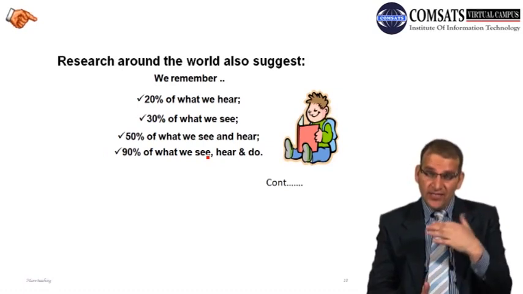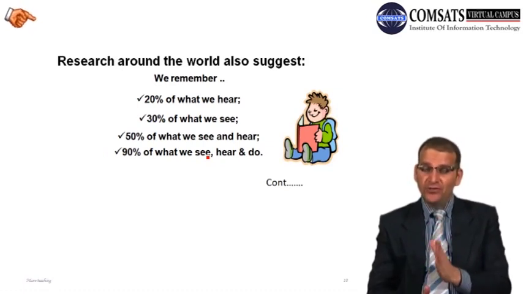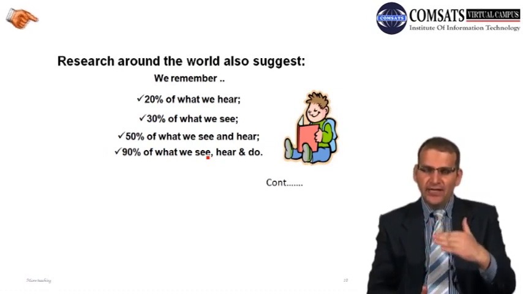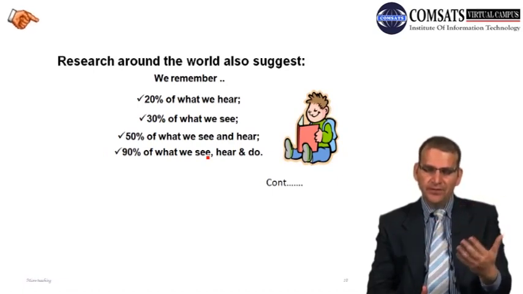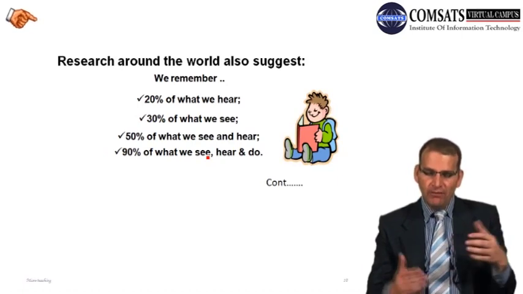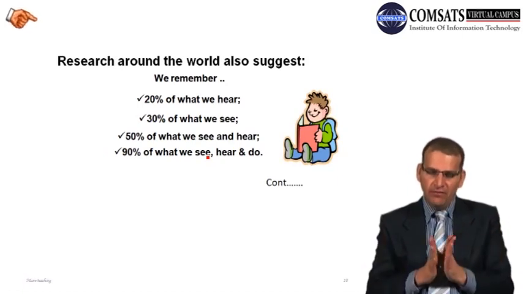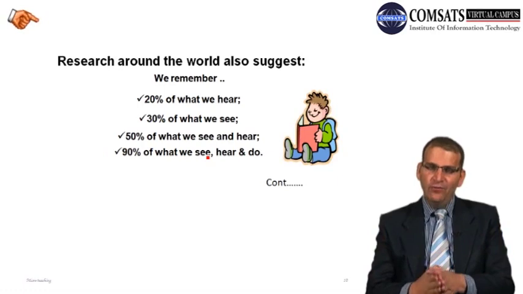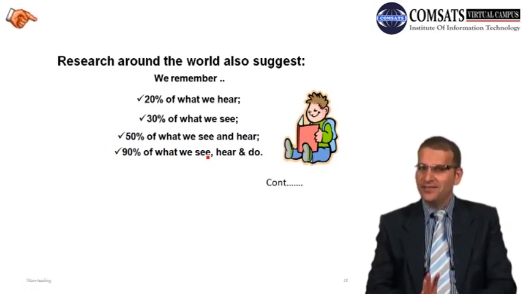When you simply hear, maybe 20%. Right? And then you see, maybe 30%. That's why we talk about visuals, that visuals have an edge over hearing. Right? And then of course, if you combine these two, see and hear, maybe 50%. And if you add do to it, then of course 90%. Still we cannot say 100%. I hope you understand.